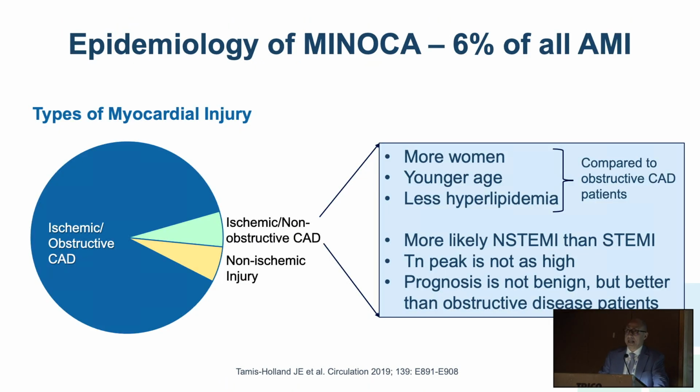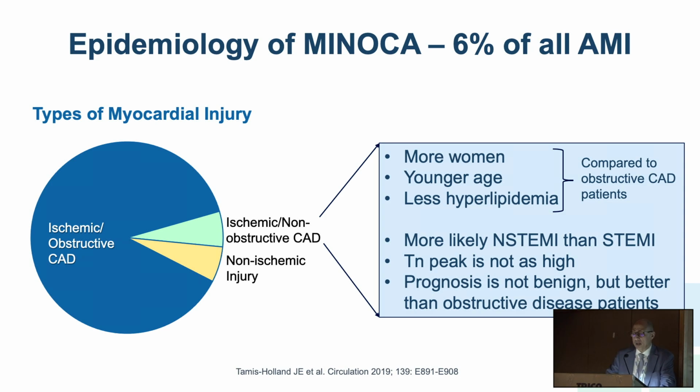MINOCA is actually not rare. Six percent of all acute myocardial infarctions come without obstructed epicardial coronary arteries. So if we think about STEMIs and non-STEMIs, any interventionalist will probably see this multiple times within a year for sure.